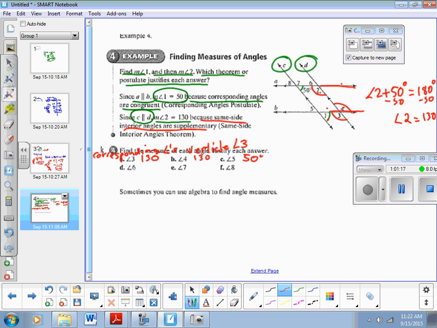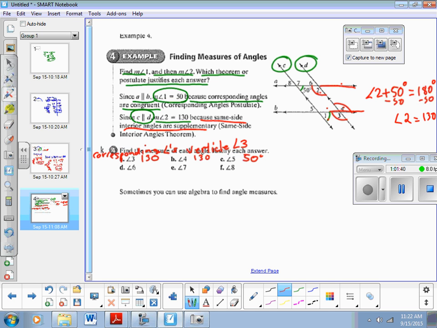Angle 6, do you notice that angle 6 and angle 7 are same side interior angles? And they have to add up to 180. Angle 7 measures 130. Angle 6 has to be then how much? 50. Angle 6 has to be 50.